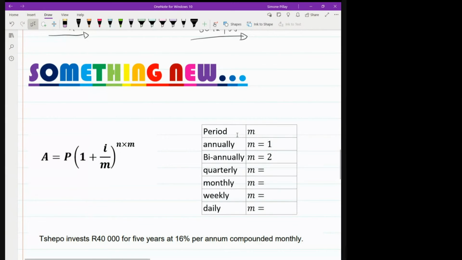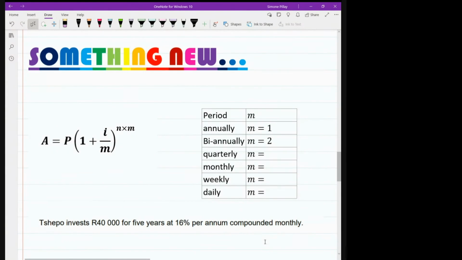Let's look at something a little bit new. Now, a very strange formula. All of a sudden, there's a new variable being introduced to us, and this variable is the m variable. Oh, boy. What I want you to notice is it's still the same formula.